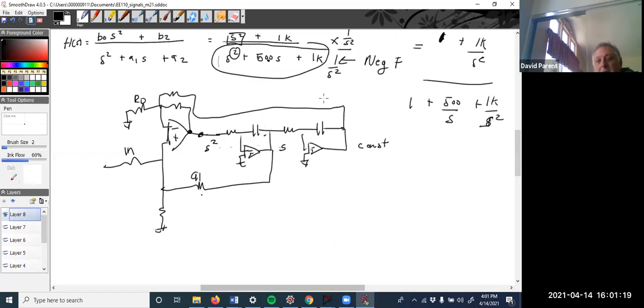But it's in the same order, so this would be 1. There is no S term. There's something over S squared here. So the thing is I need a summer here to add these up. Okay, let's add them up.